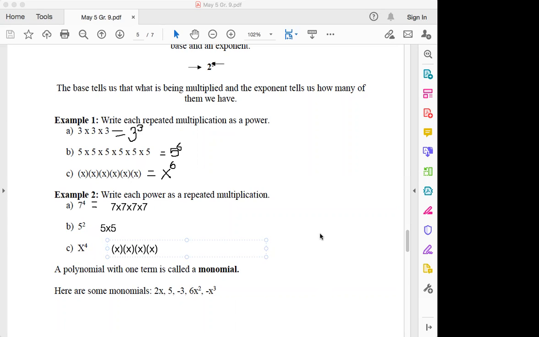A polynomial with one term is called a monomial. Here are some examples. So like 2x, 5, -3, 6x squared, -x cubed. So I'm going to erase this and I'll move forward.